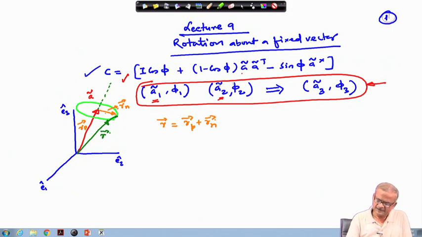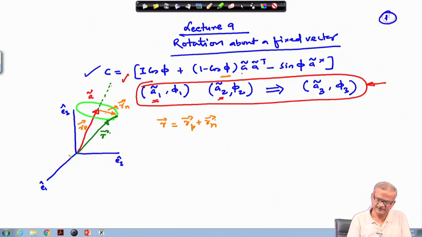Now, this matrix is a rotation matrix. So, basically it shows the rotation of the frame by phi angle about the eigen axis. Here, in this case A tilde is indicating the eigen axis, A tilde is the unit vector. So, this happens to be our eigen vector, the eigen axis about which this frame is being rotated.